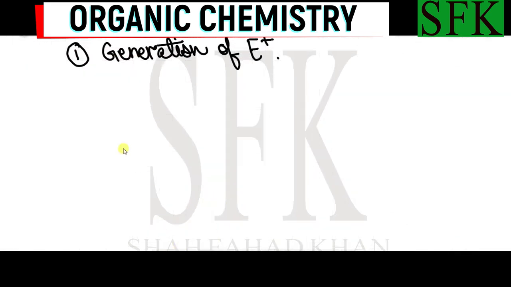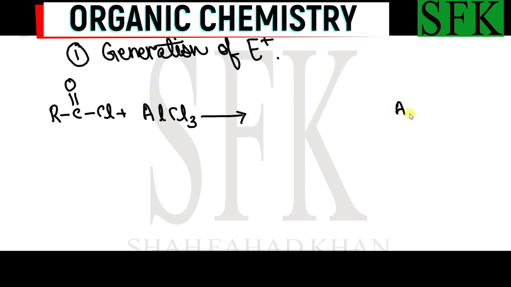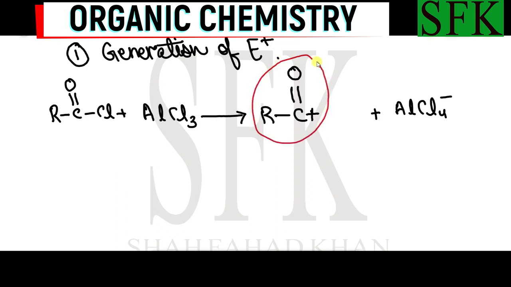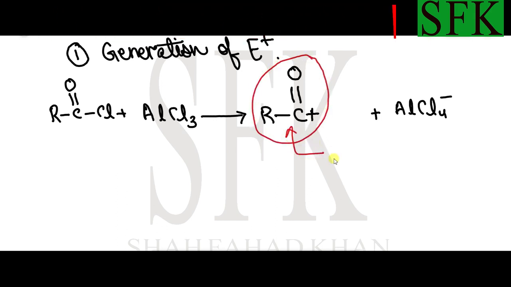RC double bond OCl combines with the catalyst again, forming AlCl4 negative, and the RC double bond O positive is the electrophile. This is our electrophile.